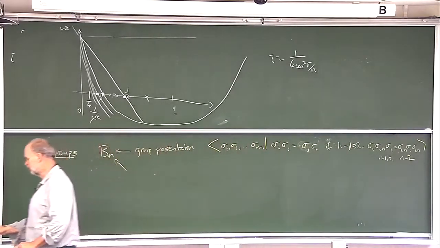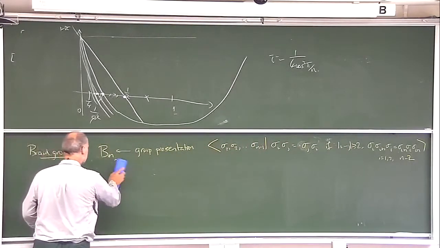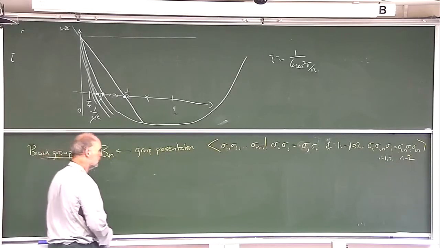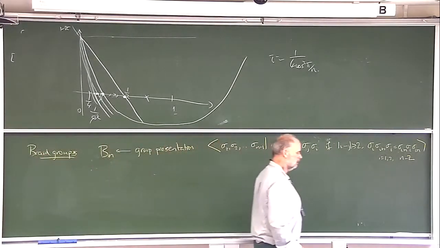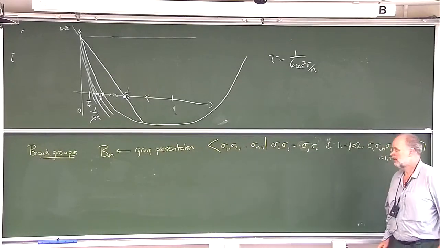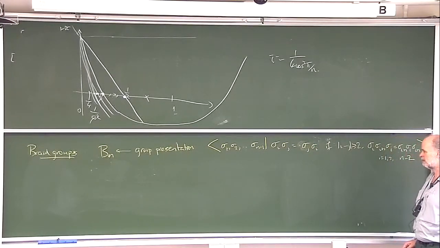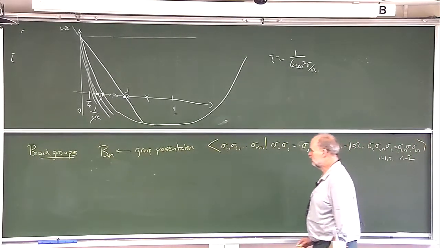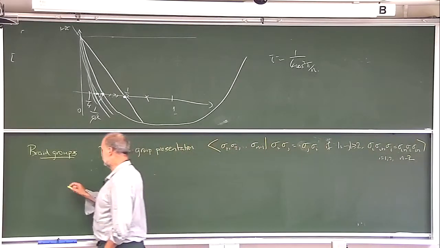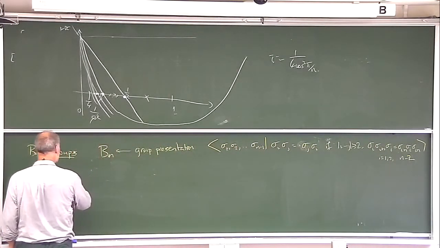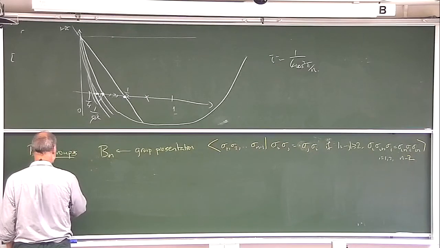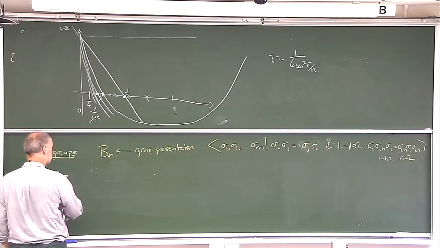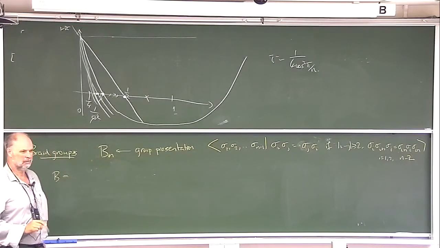So let's just go and explore the braid group in terms of generators and relations before we talk about life number 2. Well, I suppose the most obvious thing to observe is B1.